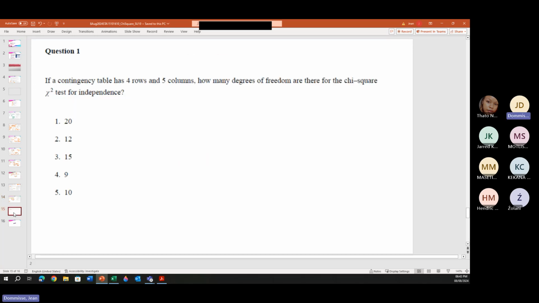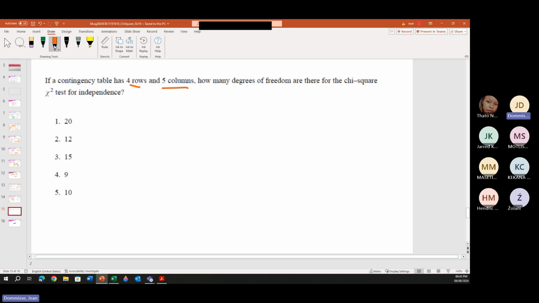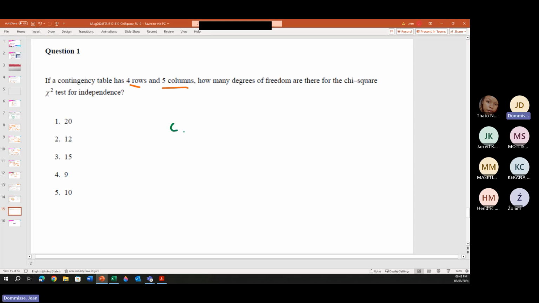Okay, then the last one. Oh, this is exactly the one that we have done with the 4 rows and the 5 columns. So let's quickly recap, we know the formula is columns minus 1 times rows minus 1.